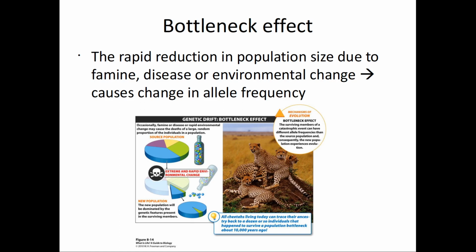And that bottleneck effect reduces genetic variation in the population. It's believed that humans also experienced a bottleneck effect many, many years ago where the population of humans dwindled down to around 100,000.